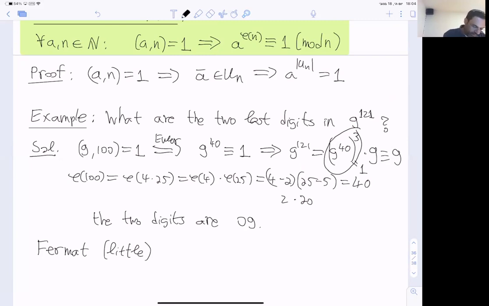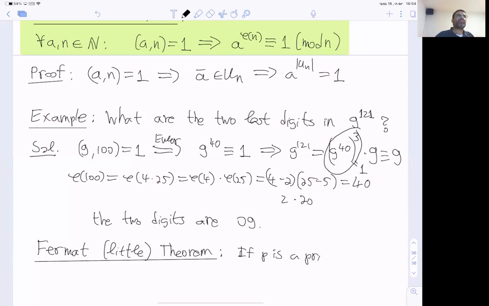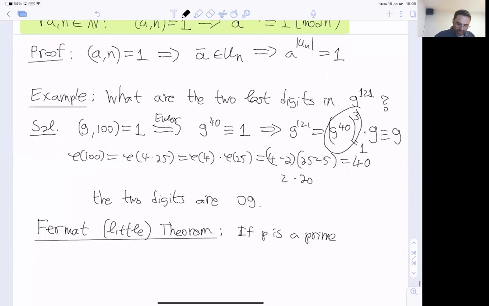So my little theorem says that if p is a prime number not dividing some a in the integers, then a to the power of p minus 1 is congruent to 1 modulo p.